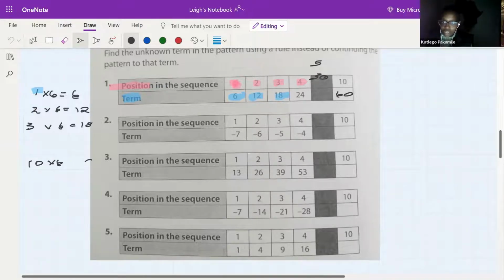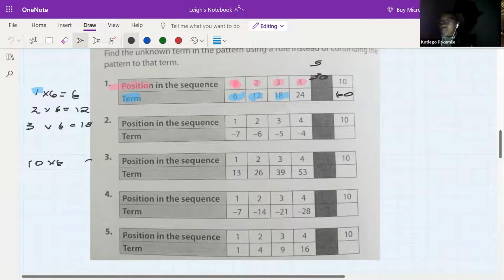Okay, Tertia? Ma'am, I just wanted to ask, when you are finding the term and multiplying, you don't really have to use BODMAS in all of the ones you're doing. How do you know you should use BODMAS in a specific sum with the term? For instance, with number 1, we were only multiplying, right?